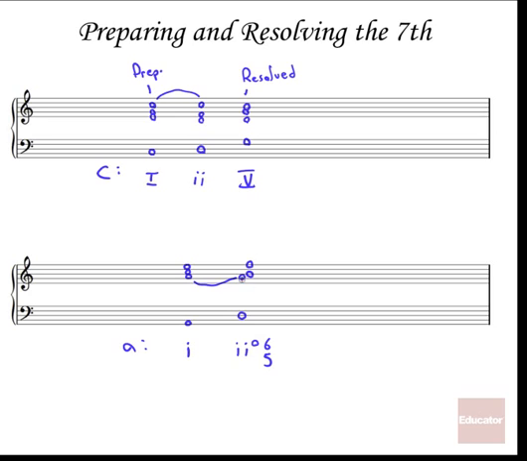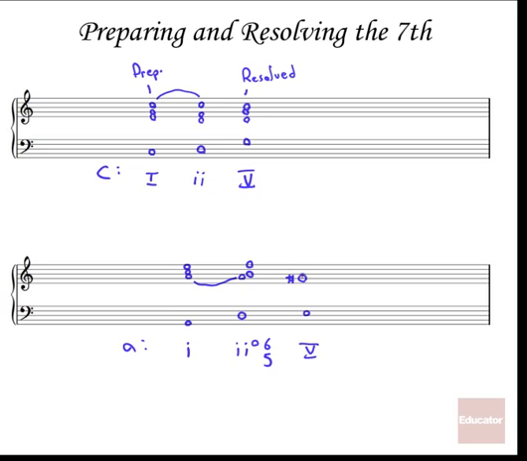And then we need to complete this motion of the seventh by making sure it resolves down a step here. So we'll take this down to G, and let's move this to a 5 chord as well, which means that it's a dominant chord, and this actually needs to be a G sharp, which is perfectly fine for a resolution because it just needs to be consonant with the bass.